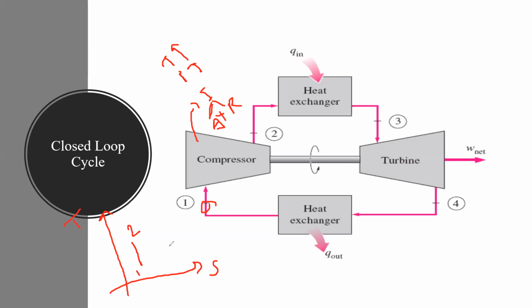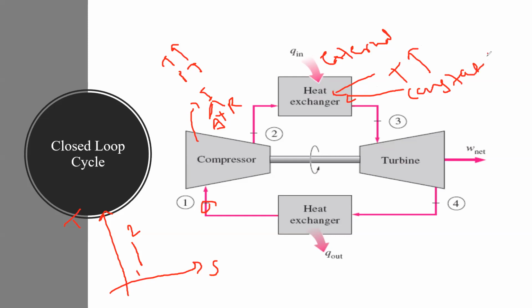Carefully observe, everyone. Now understand 2 to 3. When I inject some external heat into the heat exchanger, the total temperature of the steam definitely increases. Here I take one assumption, carefully listen everyone: I assume constant pressure.